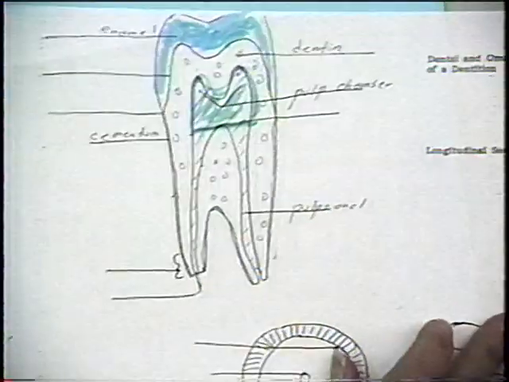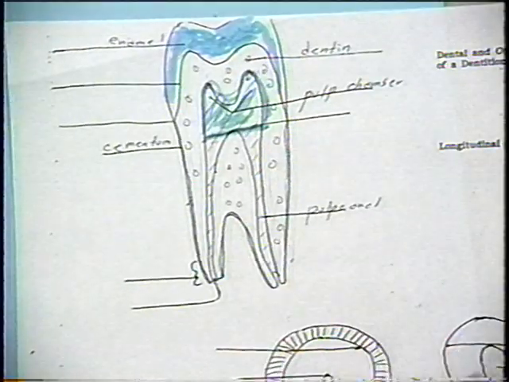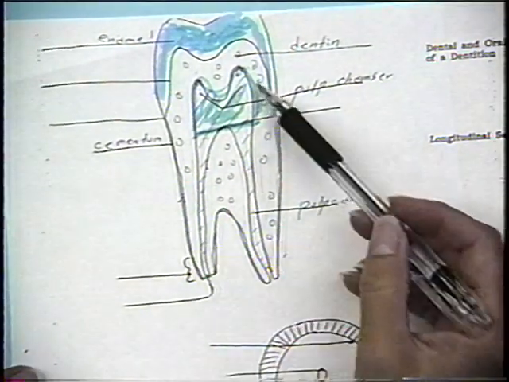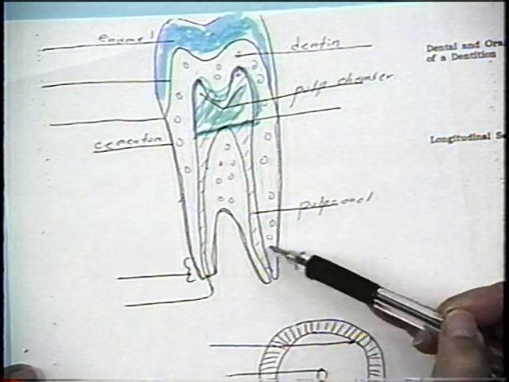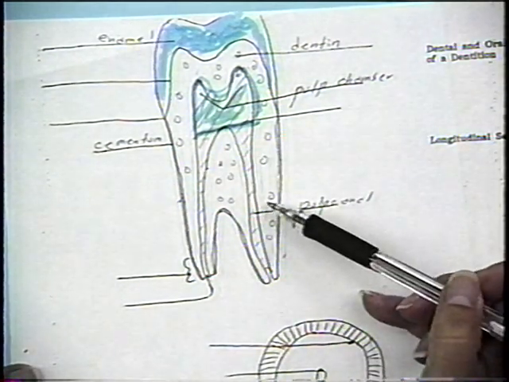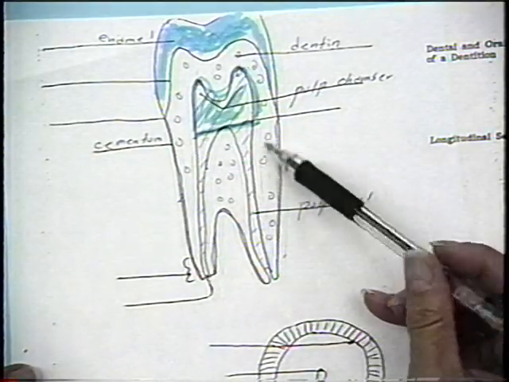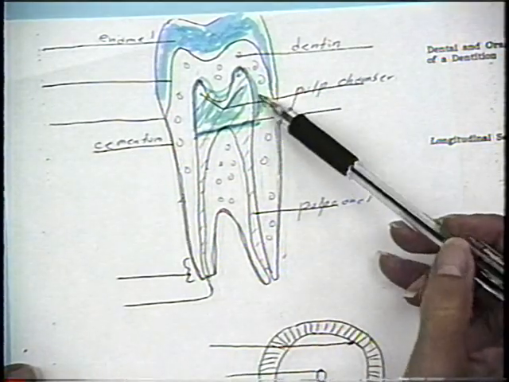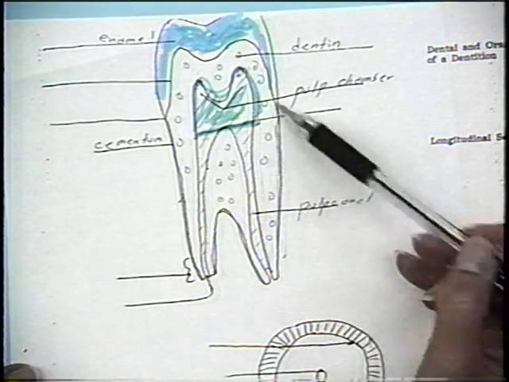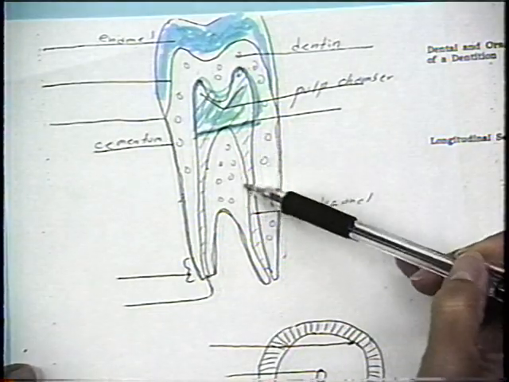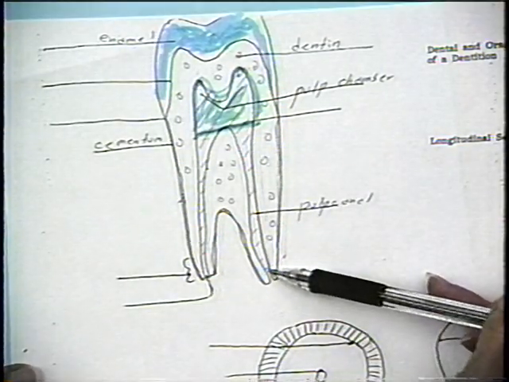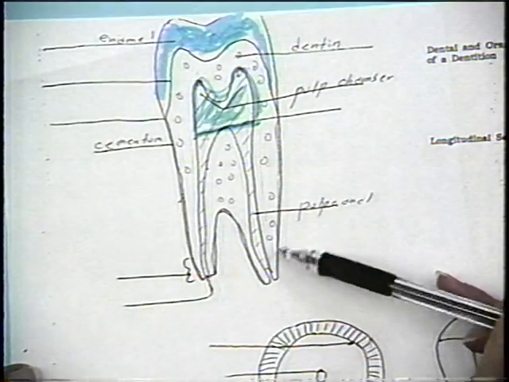What was the pulp cavity again? It was asked which part was the pulp cavity. The pulp cavity is the whole thing, the whole pulp. Sometimes it's just referred to as the pulp. Then they divide it into the top, which is the chamber, and the bottom, the long parts that go down towards the end of the tooth, as the canal.